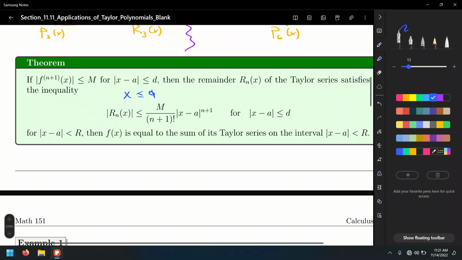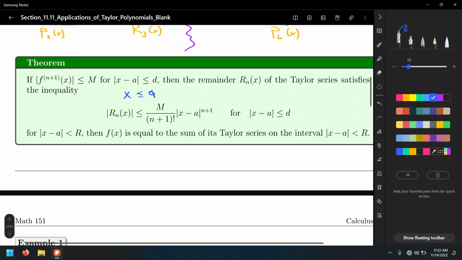That's because what we're going to do in this section is find the largest possible error of using, say, the quadratic approximation, the cubic approximation, the quintic approximation, depending on the case.